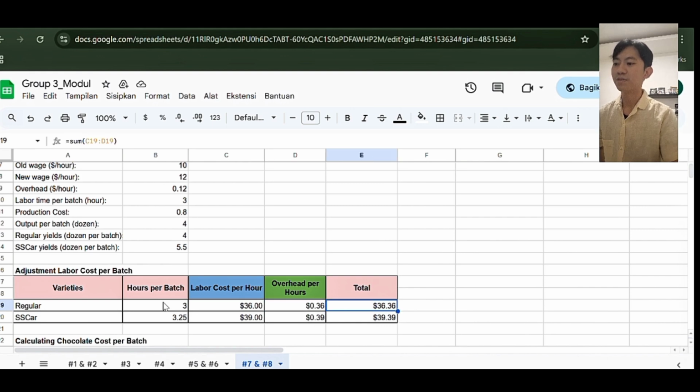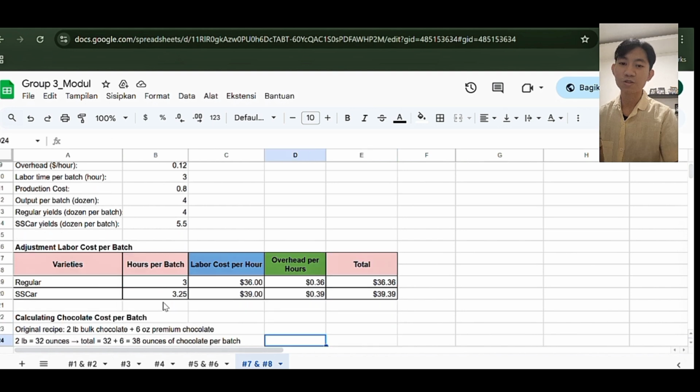For sea salt caramel, it is 3.25 hours per batch, with labor cost of $39 and overhead of 0.39, so the total for sea salt caramel would be $39.39.